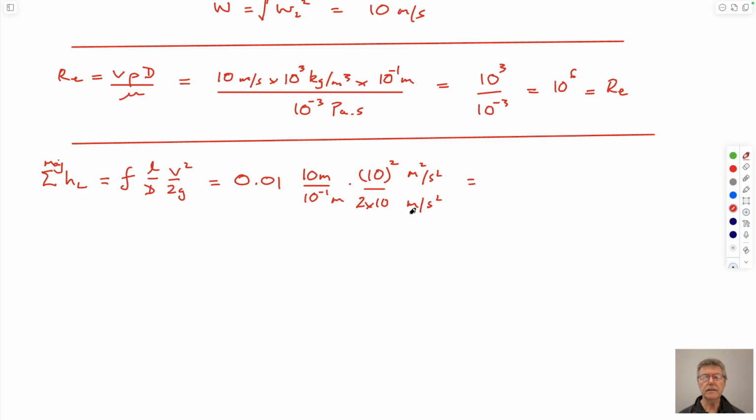Let's see how good my math is. So this is 10 to the minus 2, 10 to the 2, so those cancel out. So this is 10 divided by 10 to the minus 1 times 10, which is 1, I guess, divided by 2, which is equal to 5.